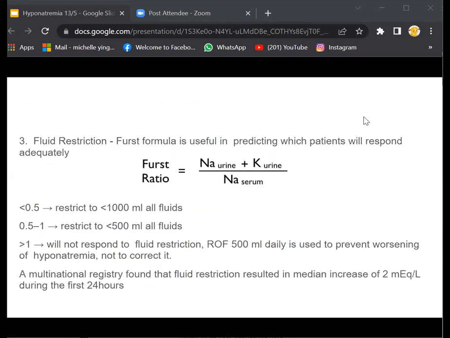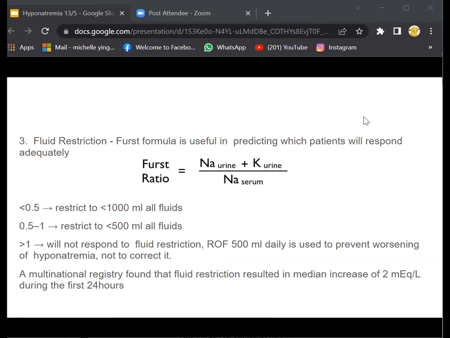The next most important step is fluid restriction. Fluid restriction is mainly based on the Furst formula, which is useful to predict which patient will respond adequately. The Furst formula is calculated by dividing the sum of the urine sodium and potassium by the serum sodium.